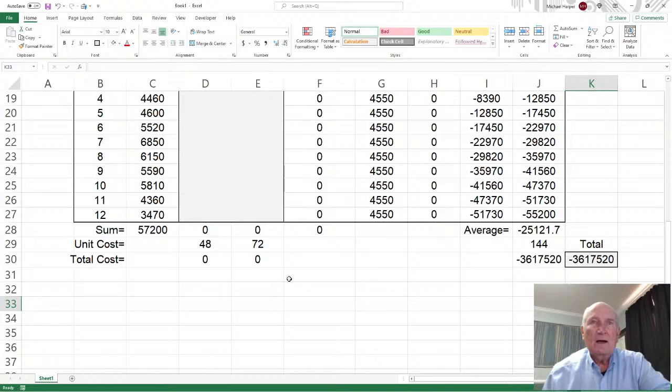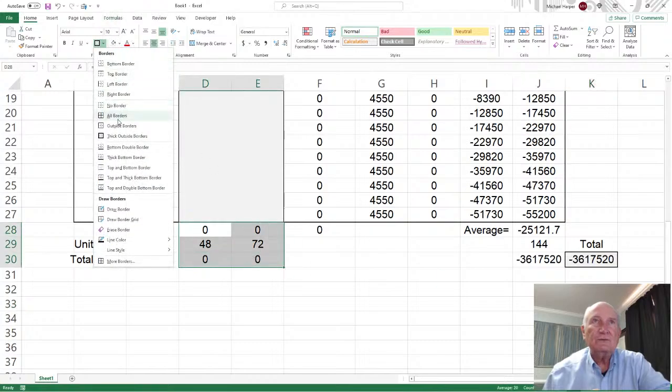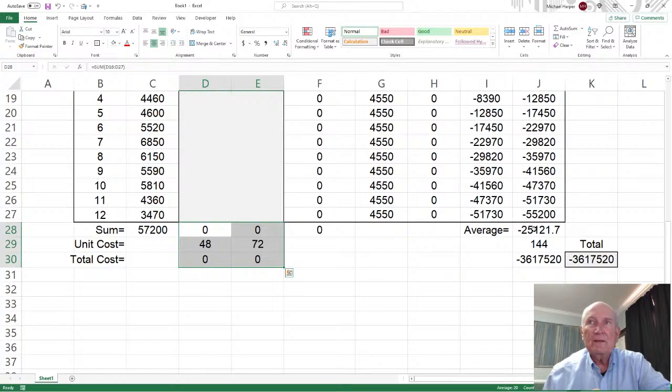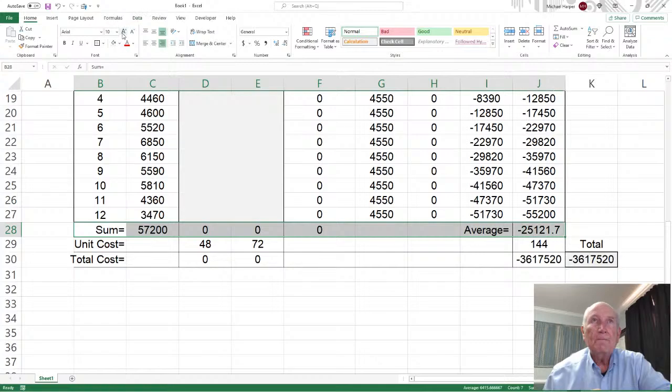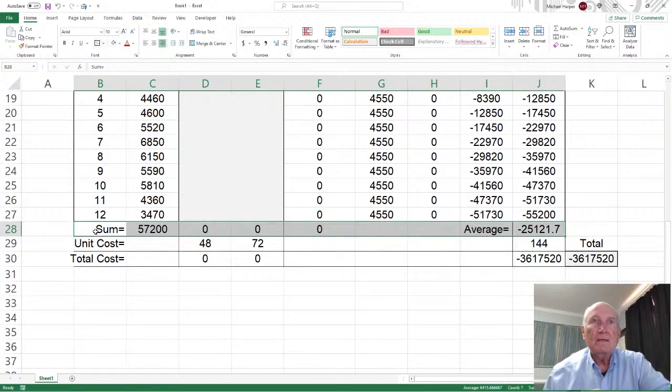And also we have these right here. We don't need the heavy box. We'll do the light box. And these right here, the light box. And then this right here is the total. And this is the sum. And this is all of it. Okay, just to format this a little bit.